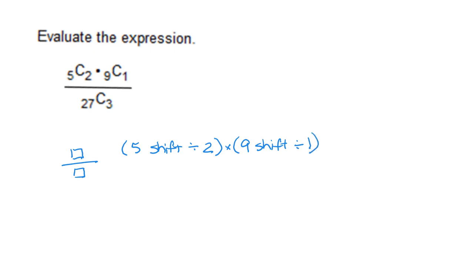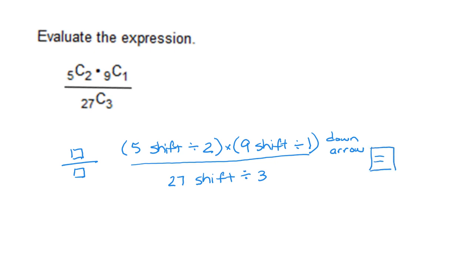All right, then you're going to use the down arrow so that it brings you down to the denominator. And here you'll place 27, shift, divide symbol, then 3, and then you're going to do your equal sign.